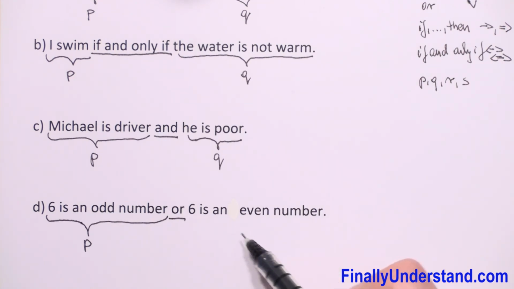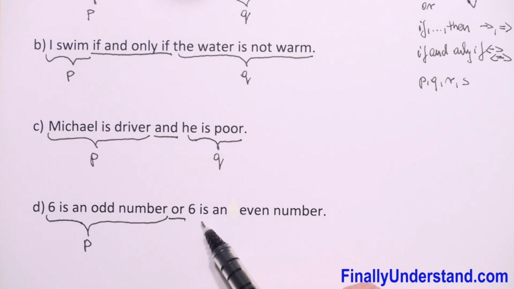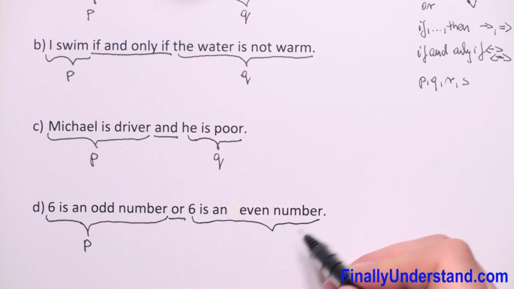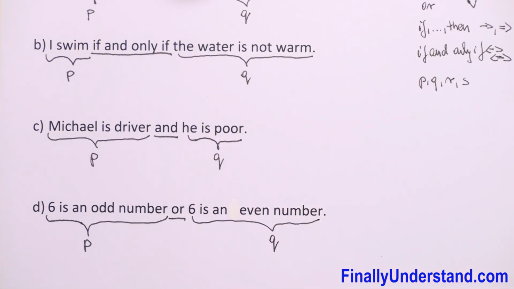Again, we can say that this is true or not, if you know the definition of even or odd number, but you can always check this if you don't remember. And 6 is an even number is another simple statement because it contains a single idea. This is our Q simple statement. So in the last example, the first simple statement is 6 is an odd number, and the second is 6 is an even number. So this is my solution.